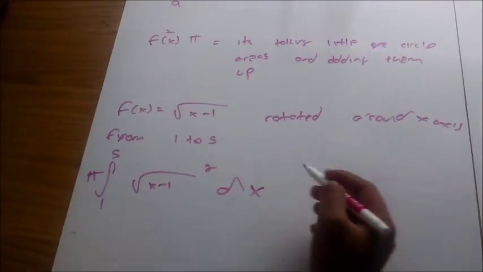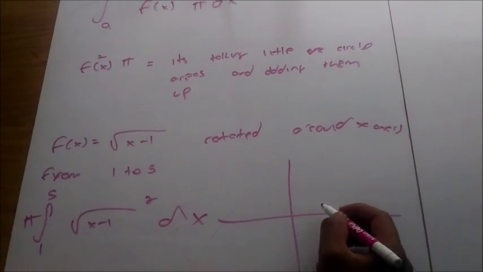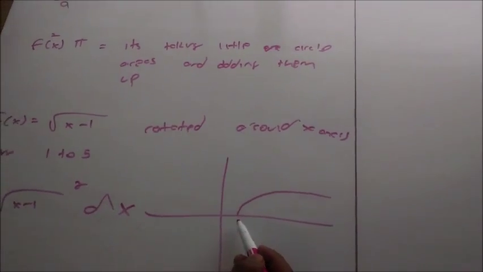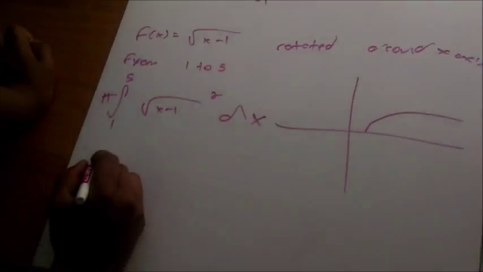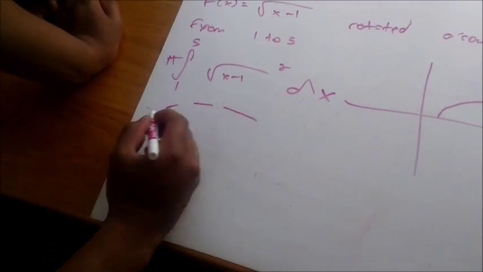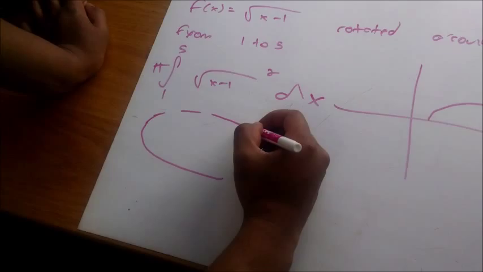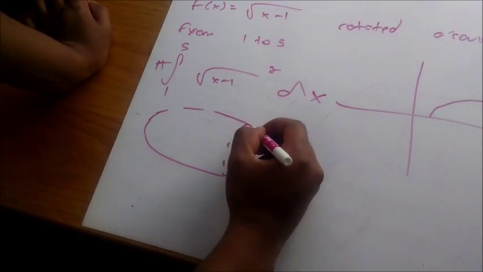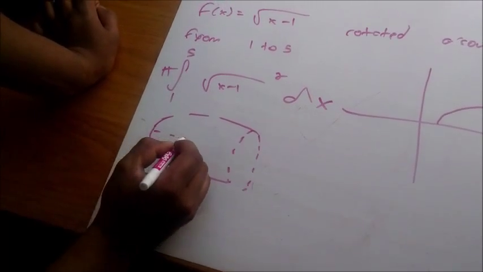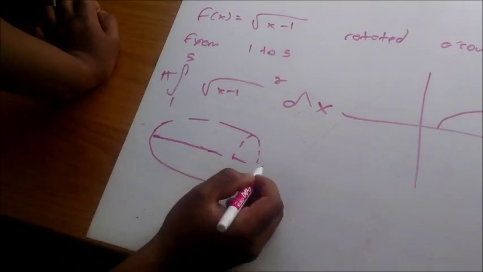Essentially, this is the graph of square root of x minus 1, and when you rotate it around the x-axis, this is the volume that you have to take. And this is the x-axis.